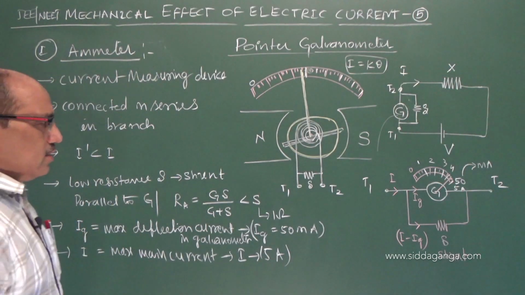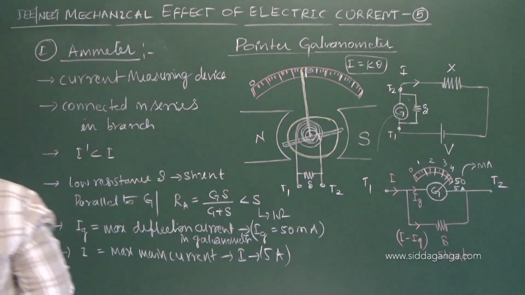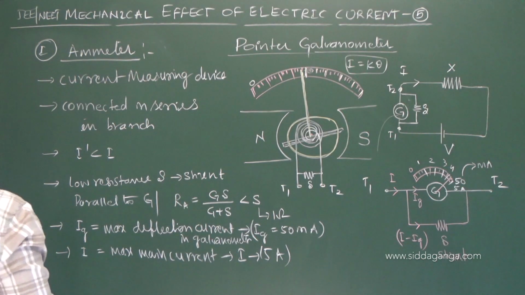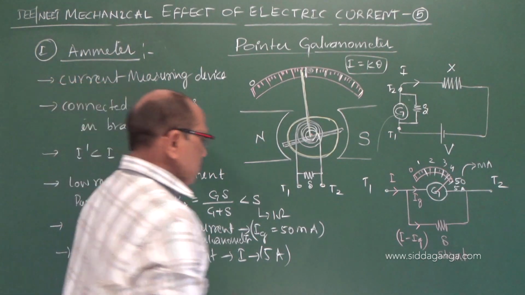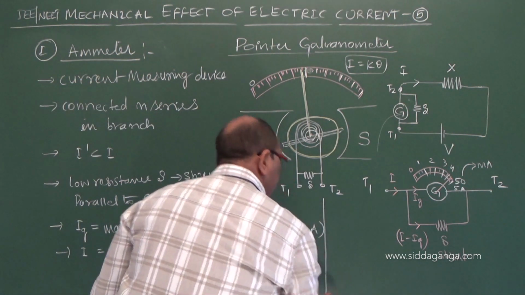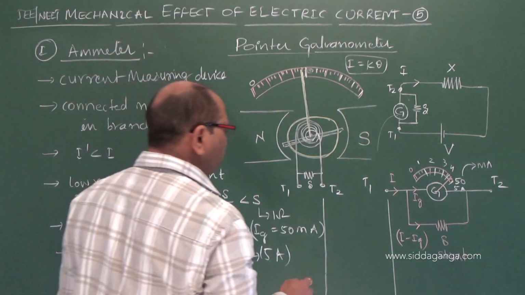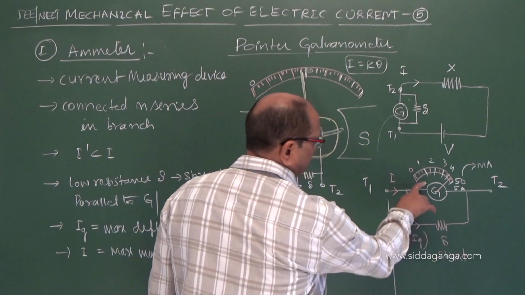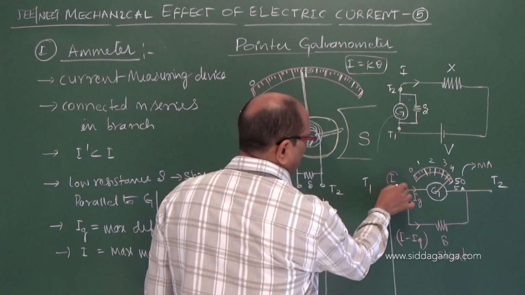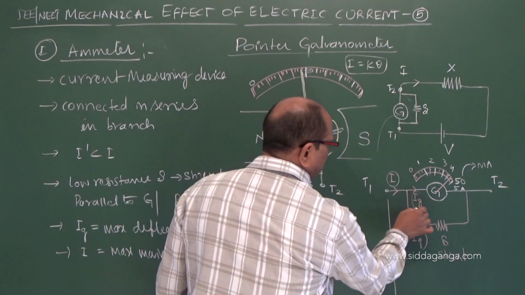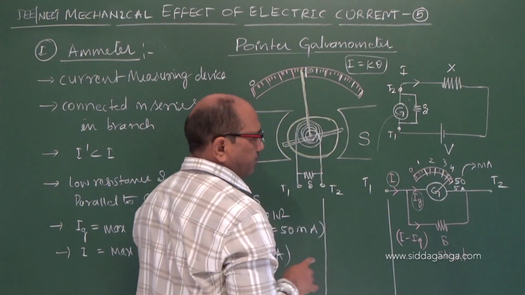I have to measure it. So to measure that, now you can know that these two are parallel. The main current I want to measure is up to 5 amps. Ig can go up to 50 milliamps.